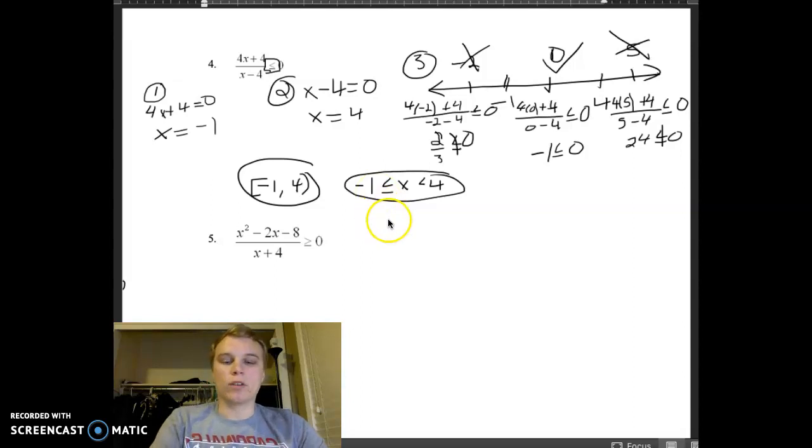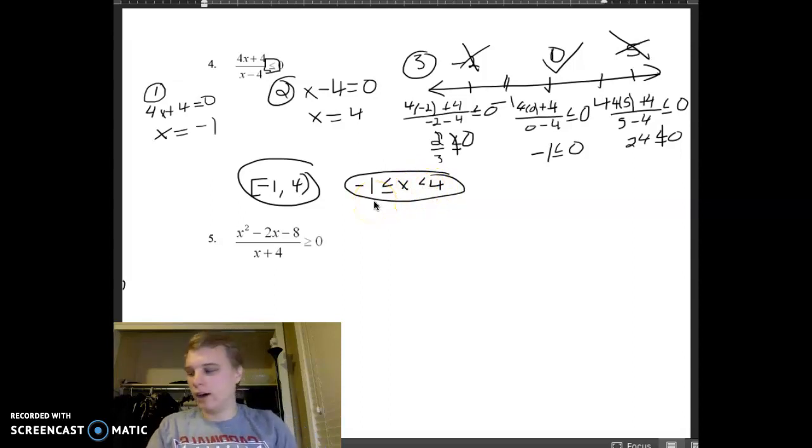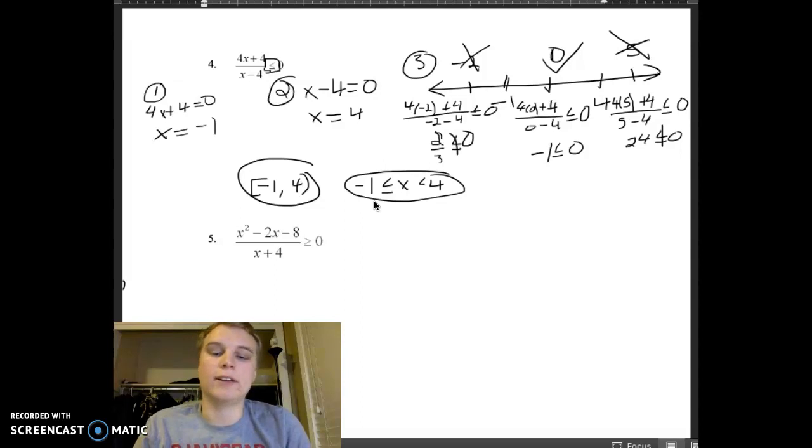And then for set builder, we have to make sure we have the less than or equal to between the -1 and x, and just a less than between the x and 4. Okay? So like I said, try the other 2 problems, 3 and 5, on your own. I would recommend it. And especially on number 5, I think you'll have some questions.